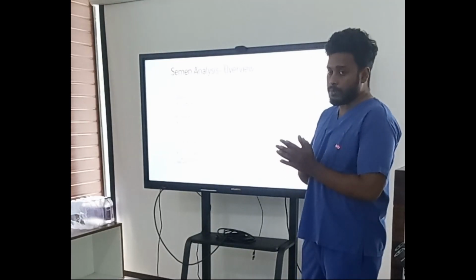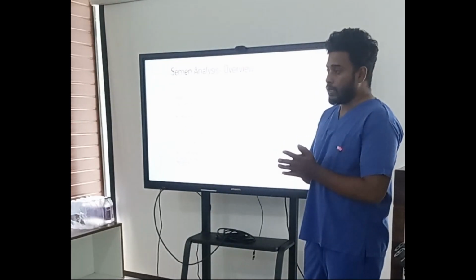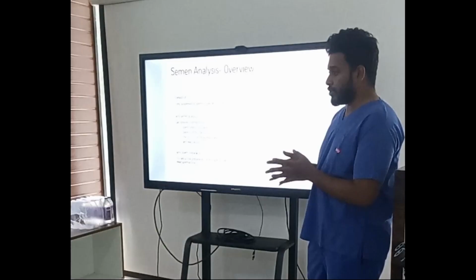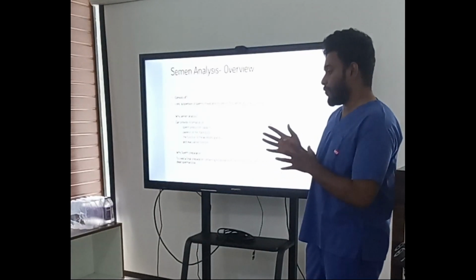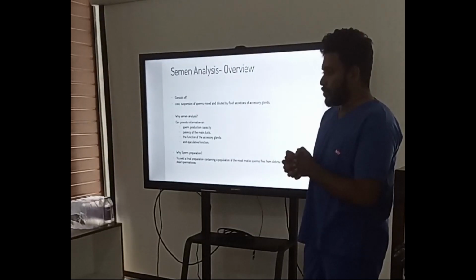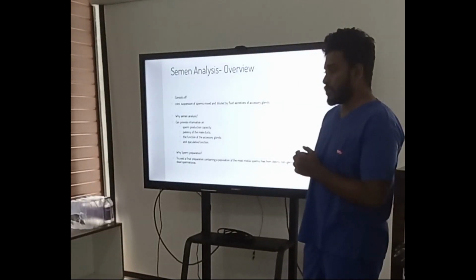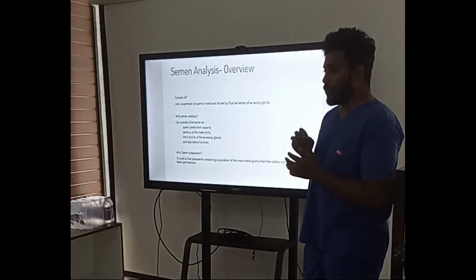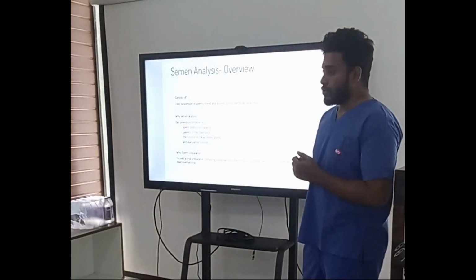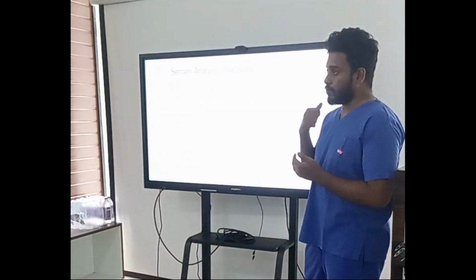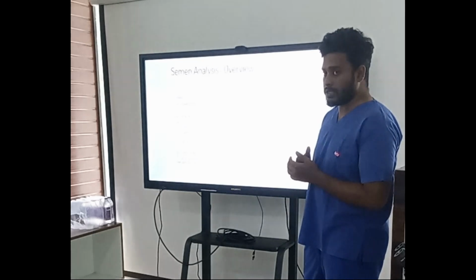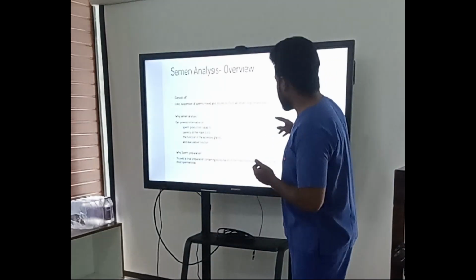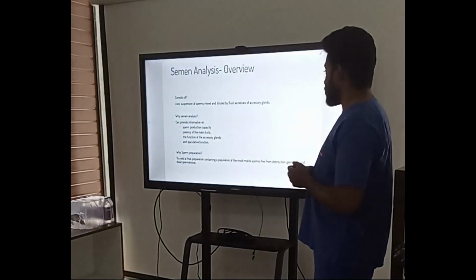Nowadays we have something called CASA, or an AI enabled analyzer, which has a different way of detecting sperm. Even if it is a round cell and the patient is azoospermic, it will count it as a sperm cell. So it is always best to go with manual counting in semen analysis. It is actually a fluid which is secreted by many accessory glands.